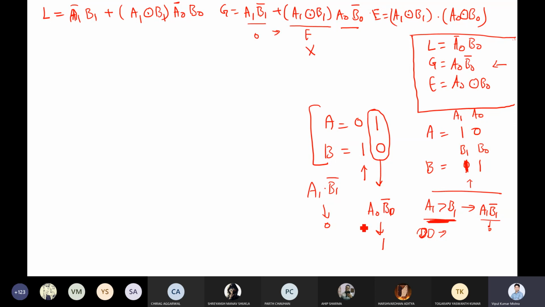But the final result will then be wrong, it will say A greater than B. Of course, because if this equality is not there, this term will give 1. As it will give 1, it will say A is greater than B. Got my point? Yes, sir. Great. So that's why we have to check equality first, then only we move forward to check the second term, whether it is greater than or not.